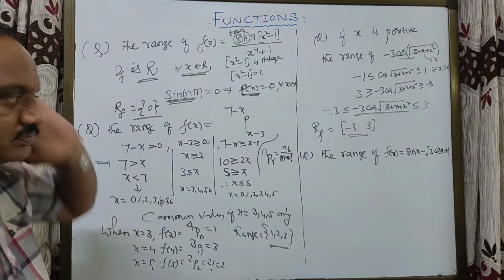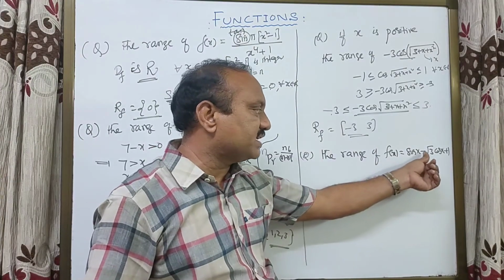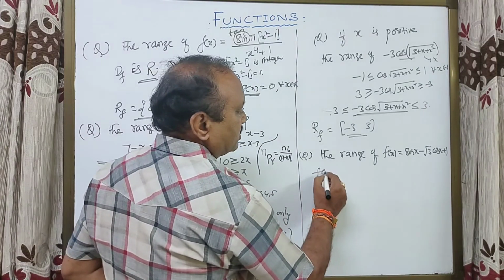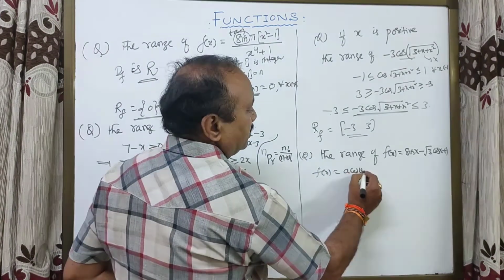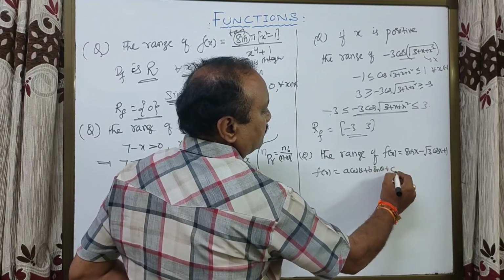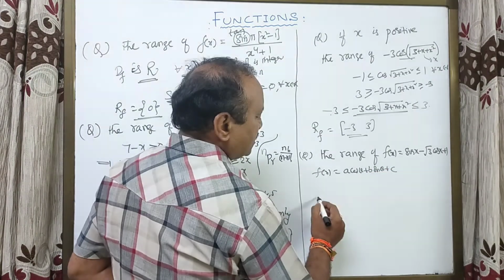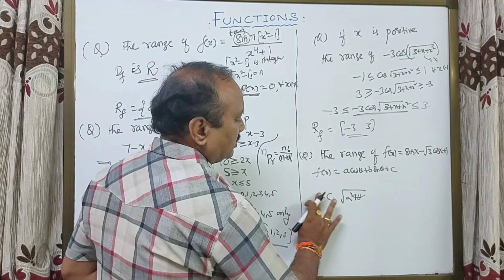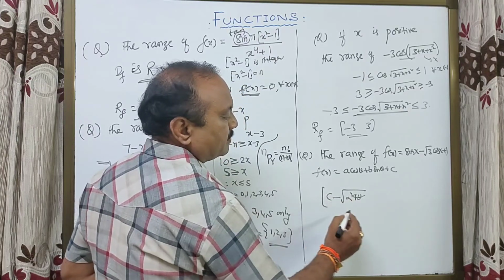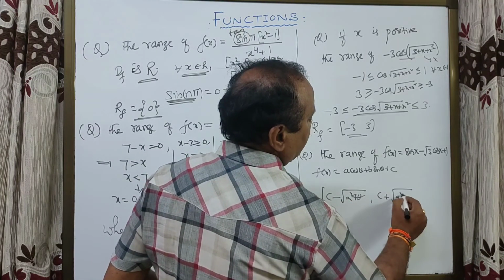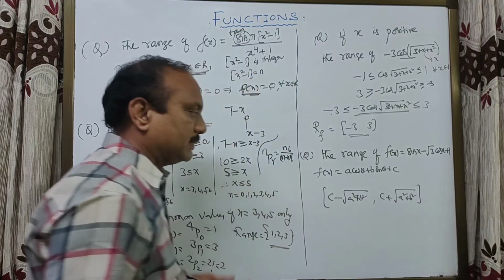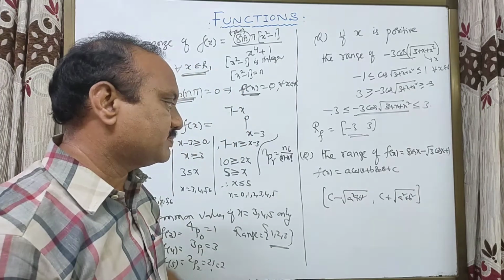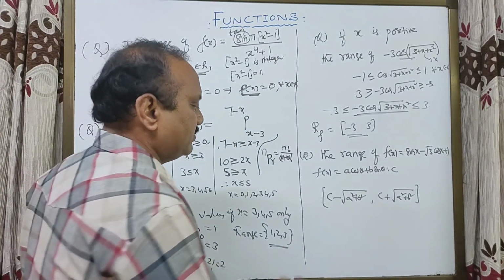Now the range of f of x equals sin x minus root 3 cos x plus 1. My dear students, that one is of the form a cos theta plus b sin theta plus c. Its range is from c minus root of a square plus b square, to c plus root of a square plus b square. The first is the minimum value, the second is the maximum value.